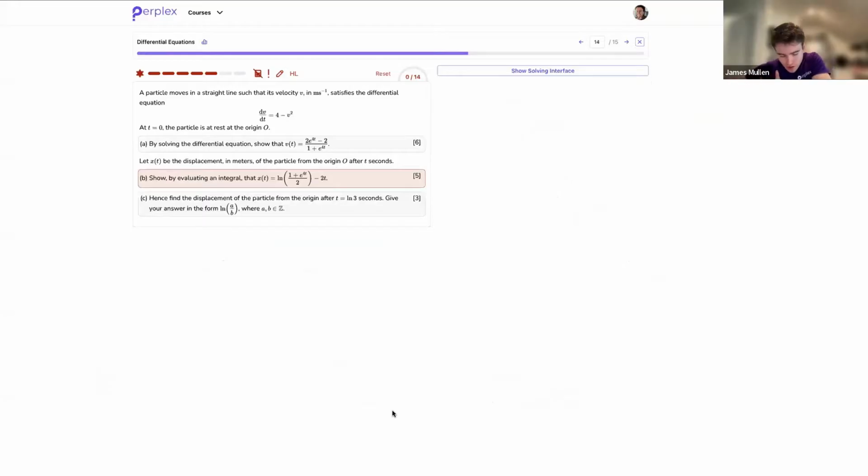So now we're trying to find the displacement of the particle from the origin after t is equal to ln 3 seconds. So we have t is equal to ln of 3. So I have x of ln of 3 is equal to ln of, in a fraction, 1 plus e to the 4 ln 3 divided by 2 minus 2 ln of 3.